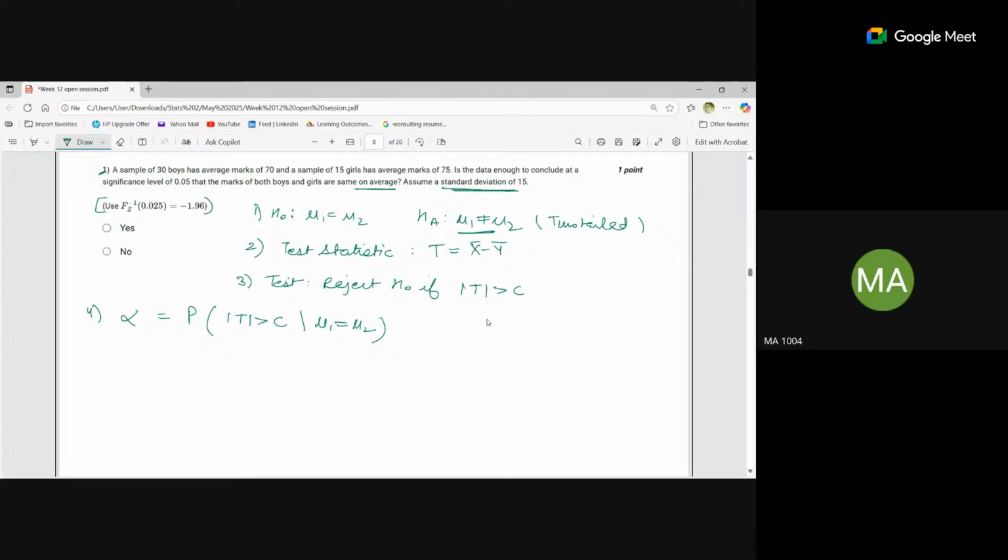So this will be t minus (mu1 minus mu2), divided by the square root of sigma1 squared by n1 plus sigma2 squared by n2, and this will follow normal 0, 1. Now here my mu1 and mu2 are equal, so this will be 0. So I can write this as t divided by the square root of sigma1 squared by n1 plus sigma2 squared by n2. Correct?